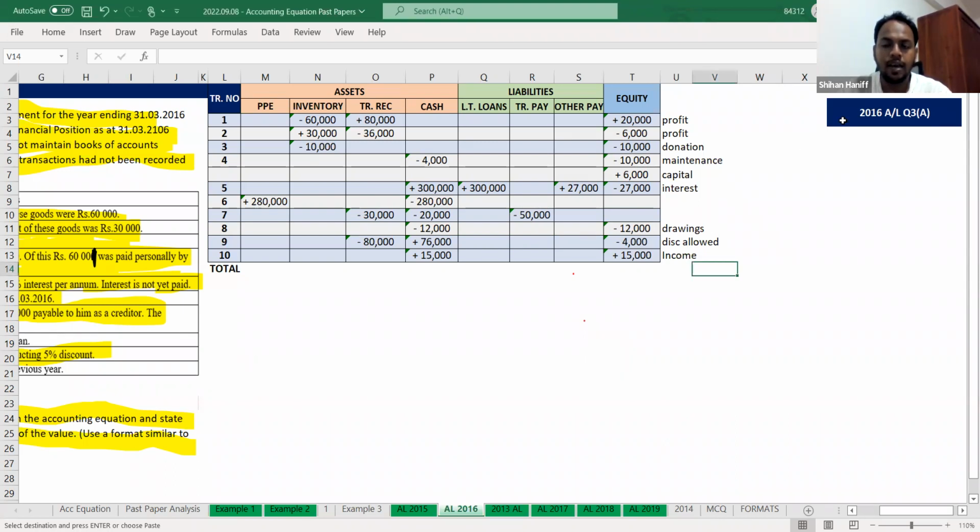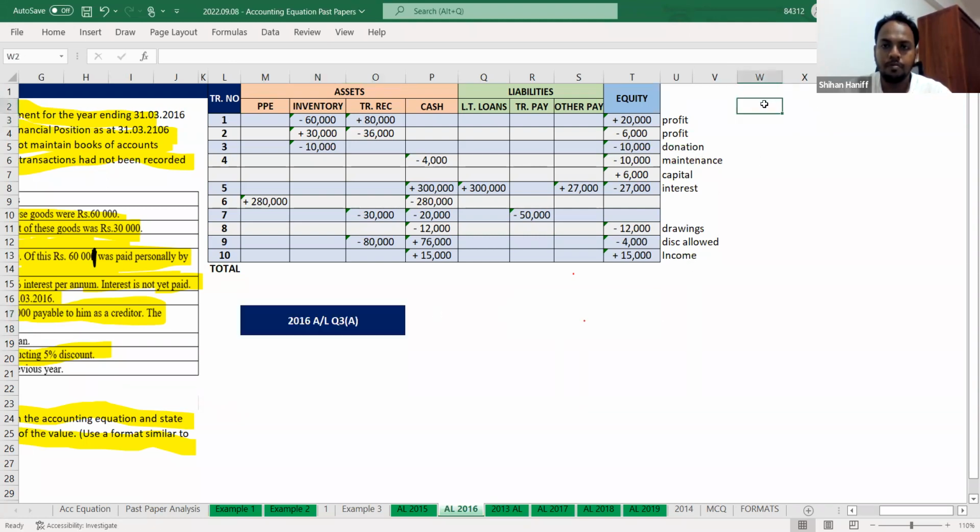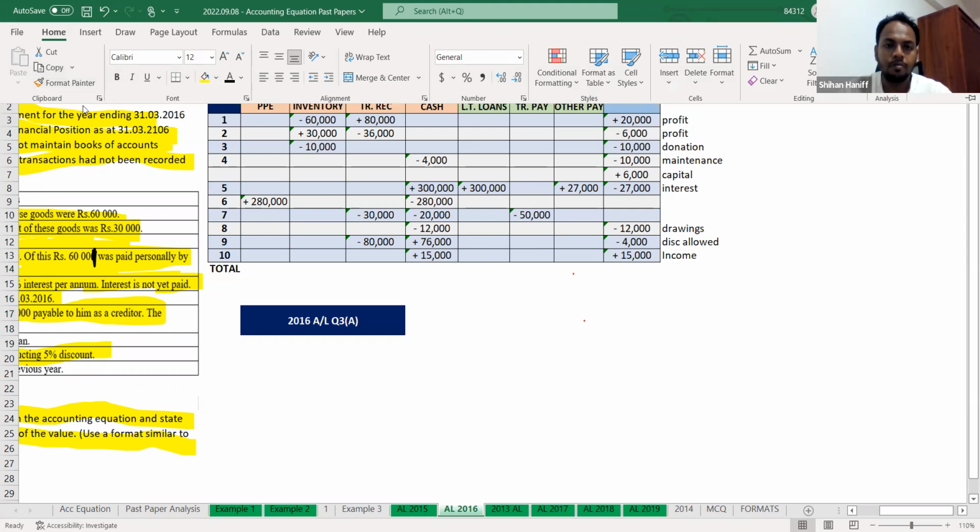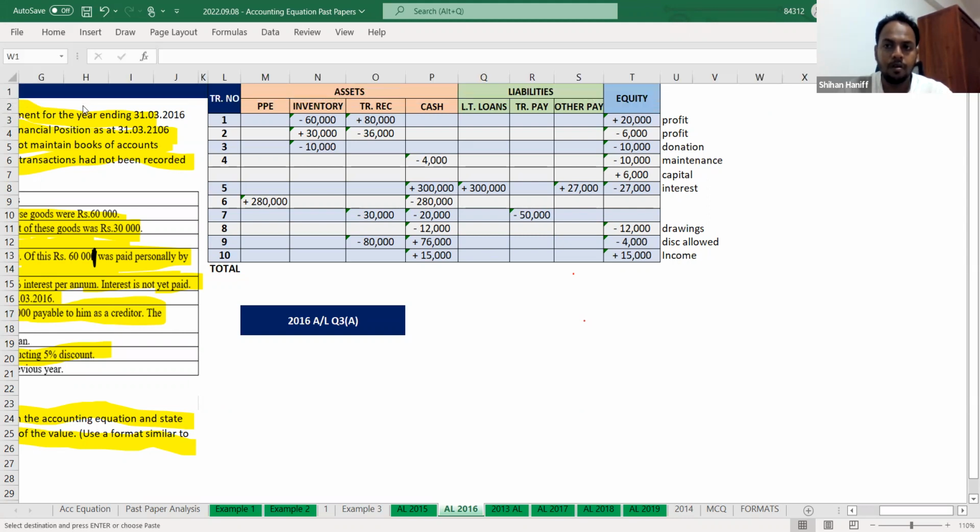So for the revised cash balance, I'm going to use the cash account.